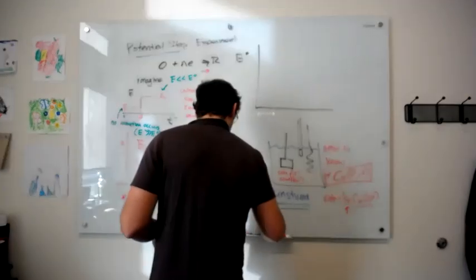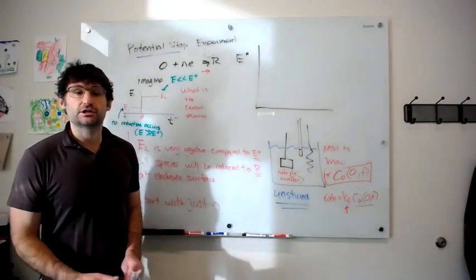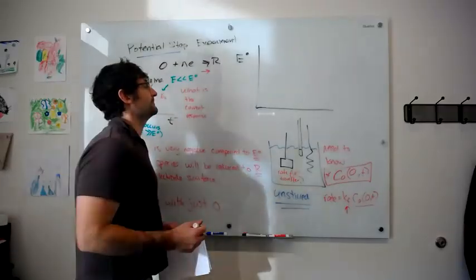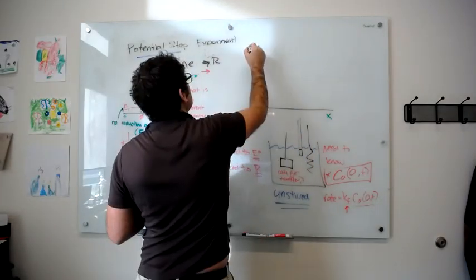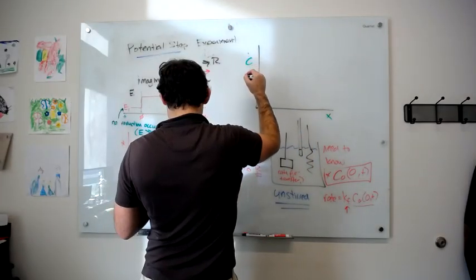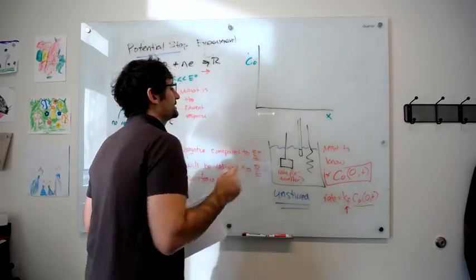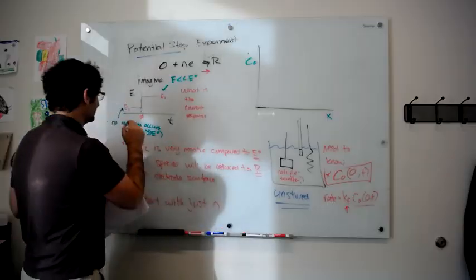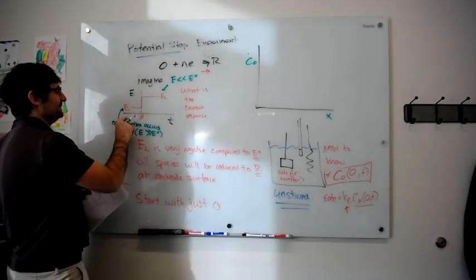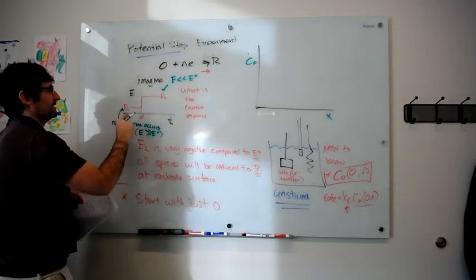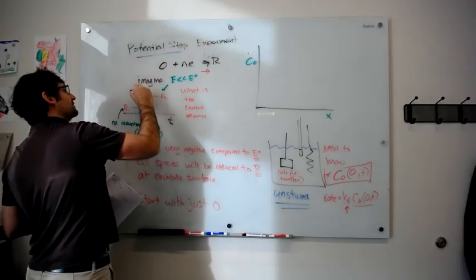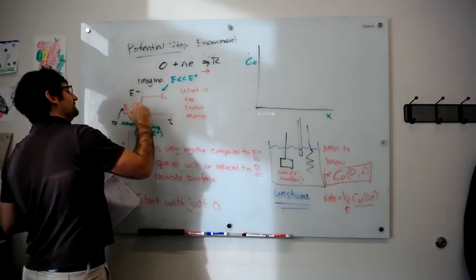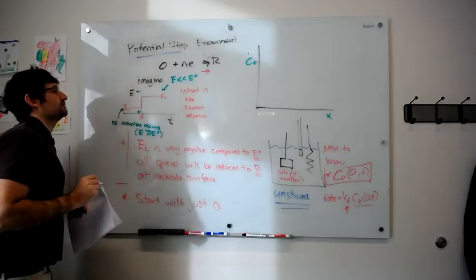So qualitatively, how do we think about that concentration changing as a function of time? Here's x, and this is going to be the concentration of O. And at t equals 0, what's going to happen? Time does go from negative to positive. That's not potential, that's time. I should say potential here goes from positive to negative, so we're stepping to a more reducing potential.